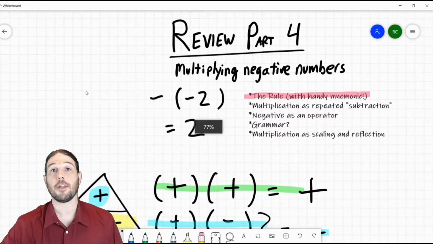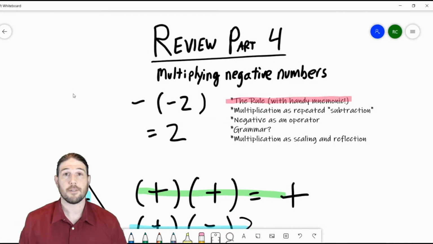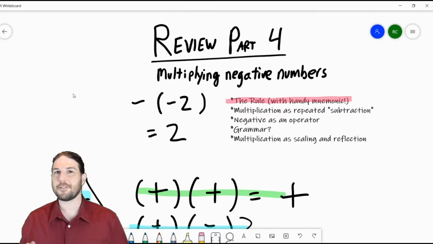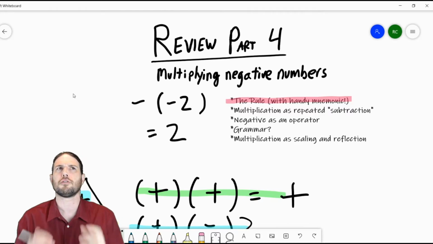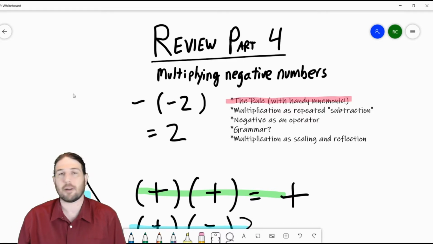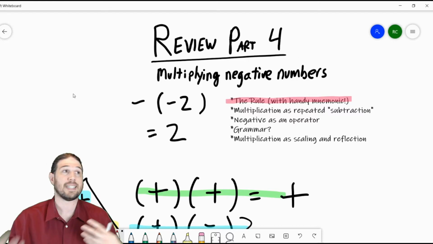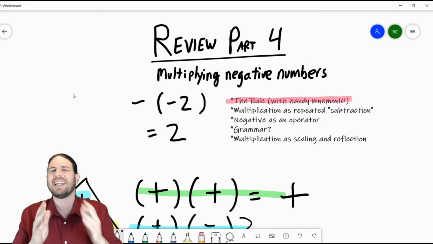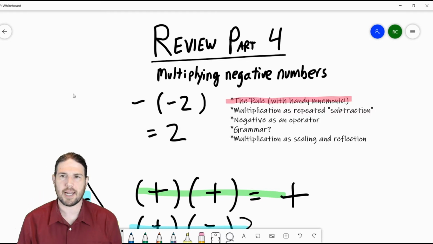But I have other ways to look at this in case you're still confused, and I would not blame you at all if you still were. Negative numbers are the first time that you're really exposed to something that is truly outside of the physical realm. Like, I can tell you about digging a hole and filling in the hole and debt all I want, but it doesn't make negative numbers themselves any easier to actually visualize.